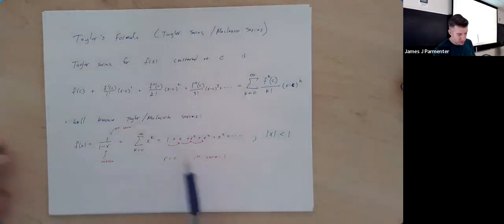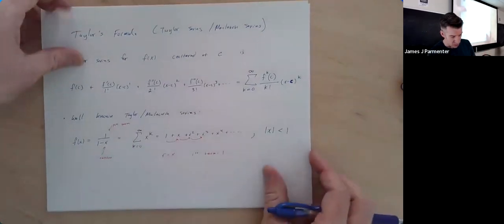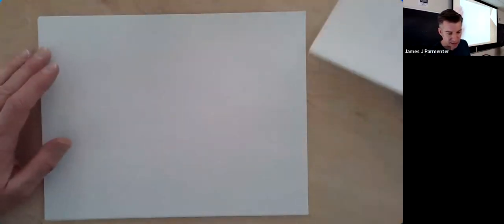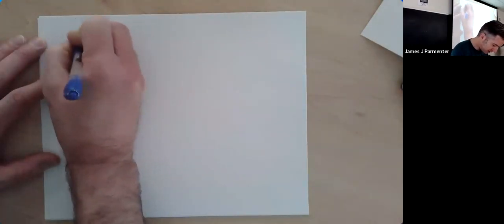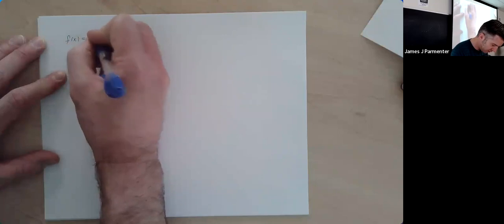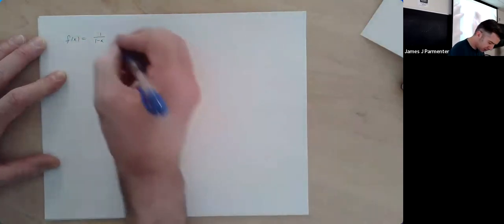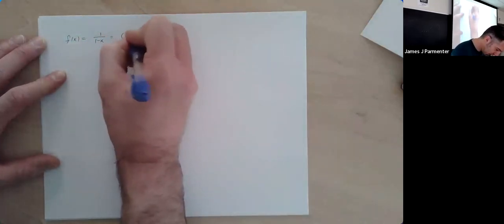Here's the thing. We could have done this a different way. We could have done this with the long Taylor formula, which I will show you because, well, I know he did this one in class, but it's worth looking at again. The way people often do this is to say, okay, here's my function, 1 over 1 minus x, which is equal to 1 minus x to the -1.